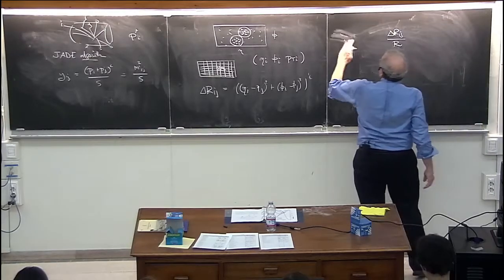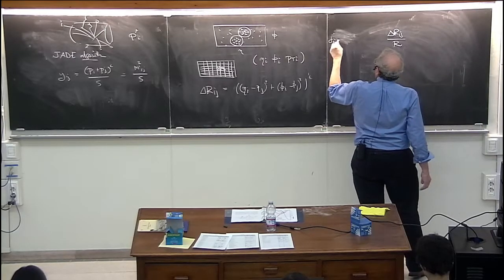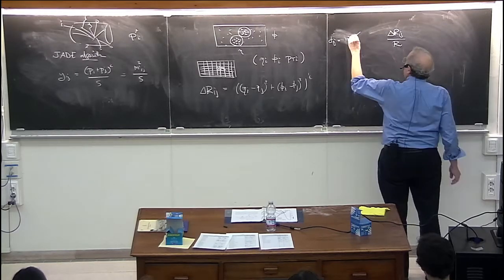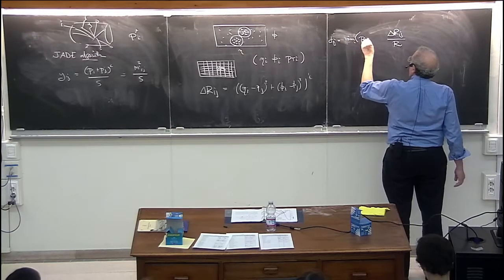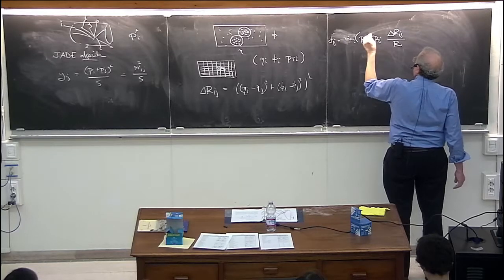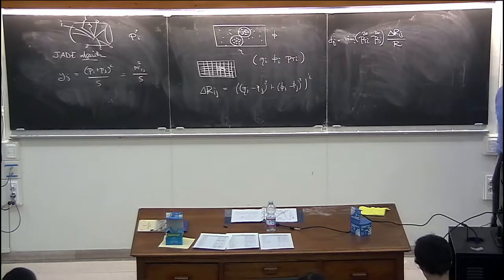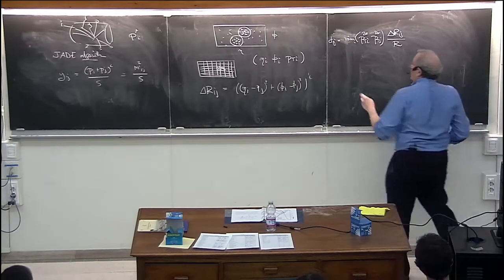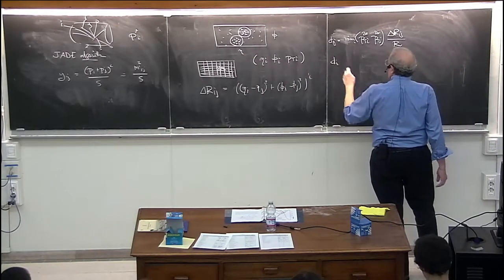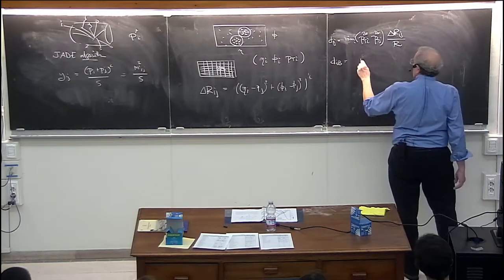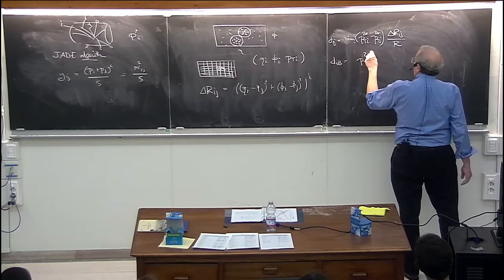And then in front of this, people often put the minimum of the pt_i and pt_j to the power 2 alpha. So let me write that. And then there's one more distance that we need, d_iB, the distance to the beam, you might say, which is the pt_i to the 2 alpha.